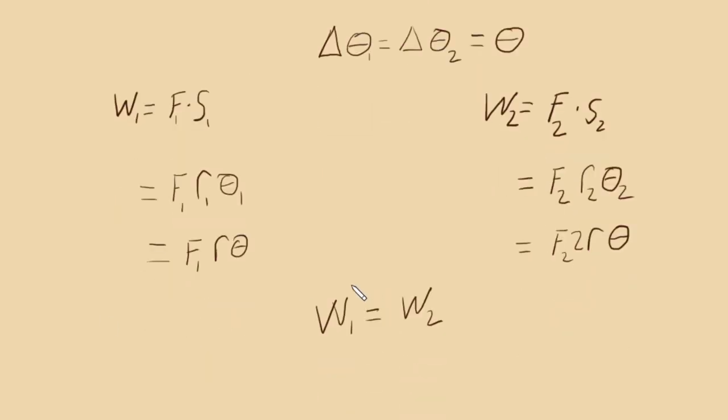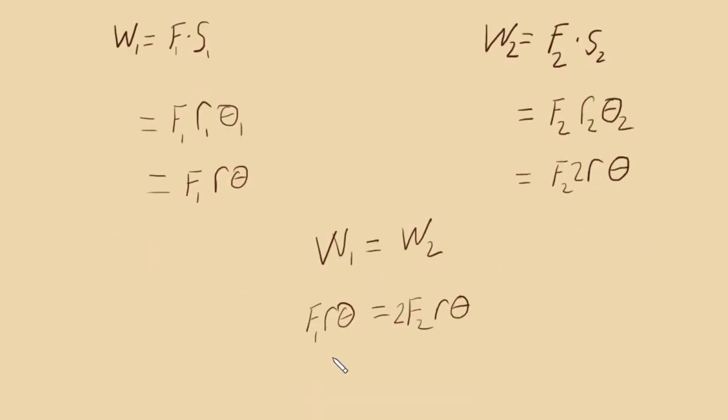And plugging in what work 1 is and what work 2 is in this equation, we see that F1 R theta equals 2 F2 R theta. If we simplify that, we can get rid of like terms, our radius and our theta, because we have one on each side.